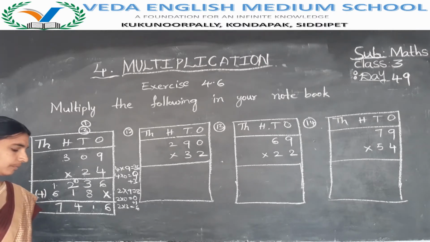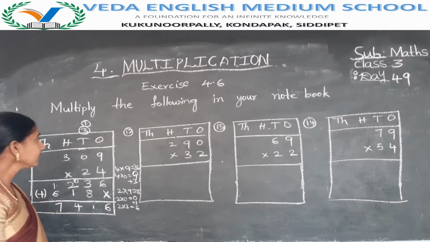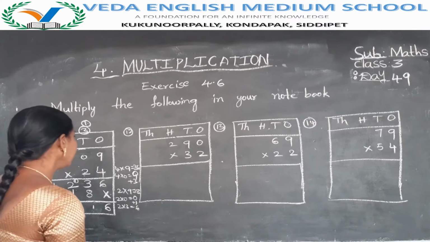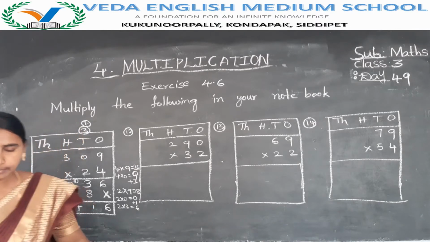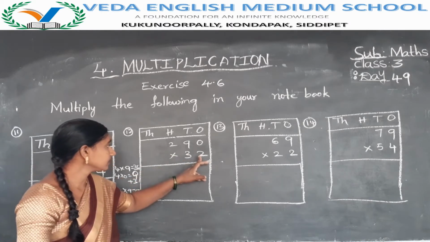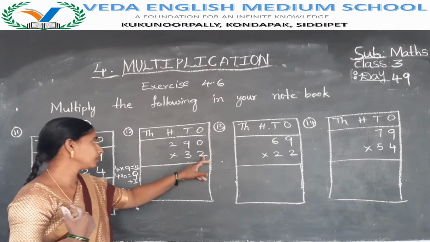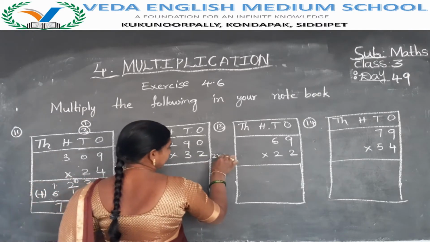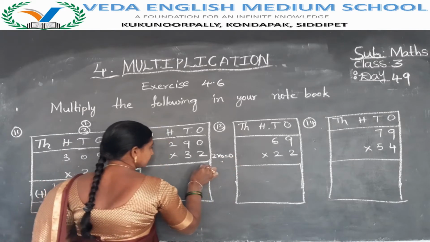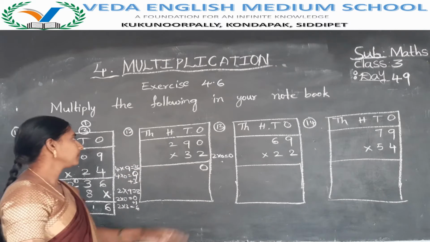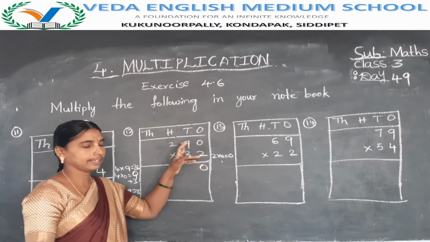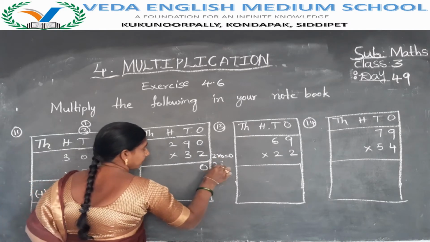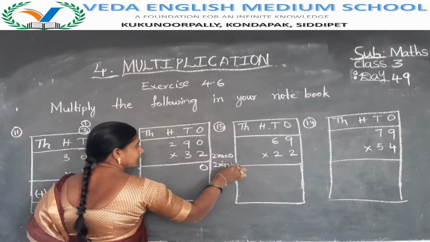Next, the 12th problem: multiply 290 by 32. First of all, the digit in the ones place is 2. 2 into 0. 2 zeros are 0. Next, multiply in the tens place. 2 into 9. 2 nines are 18.